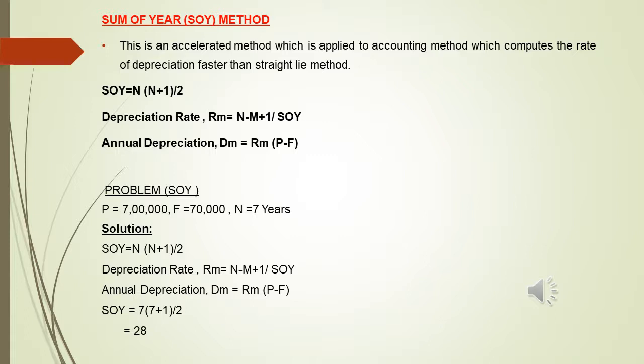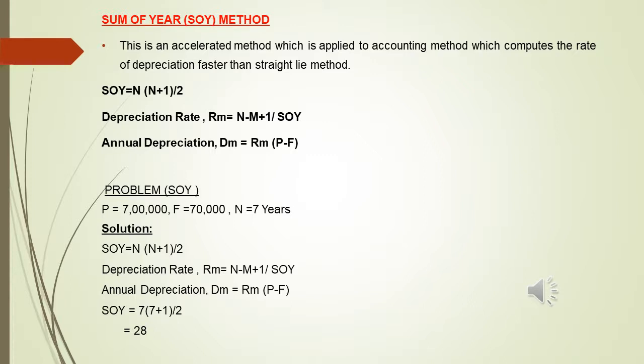So there are 3 formulae here. They have given SOY is equal to n into n plus 1 divided by 2.